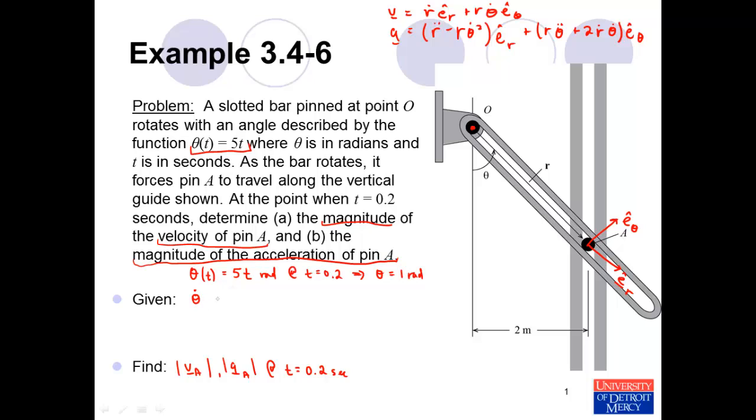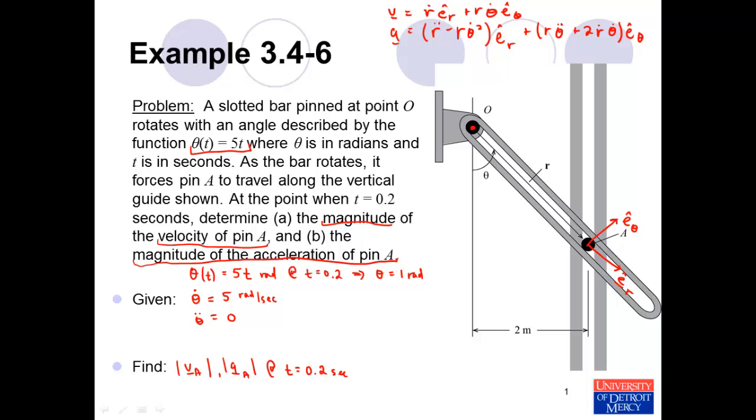Theta as a function of time is 5t. If we differentiate that with respect to time, you get that theta dot is a constant 5 radians per second. And if we differentiate it one more time, since this is constant, theta double dot is just 0.